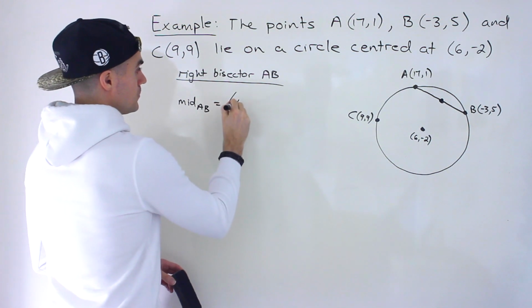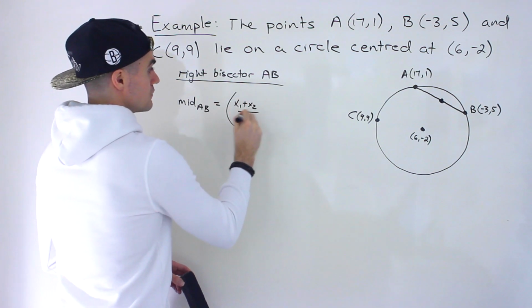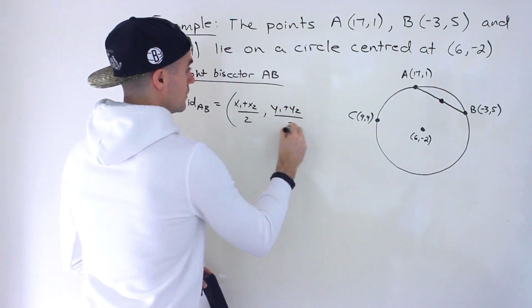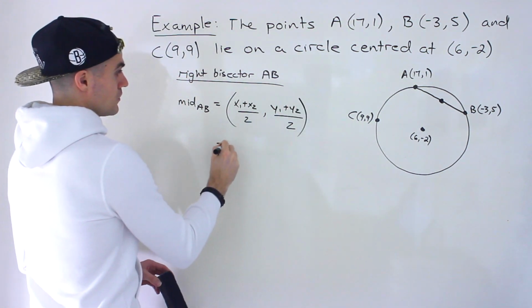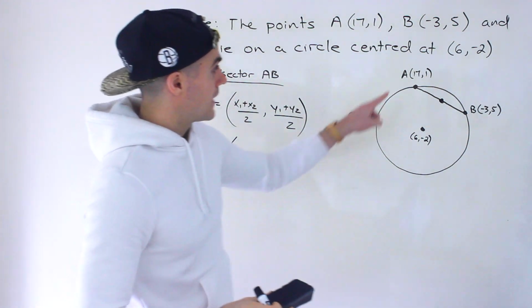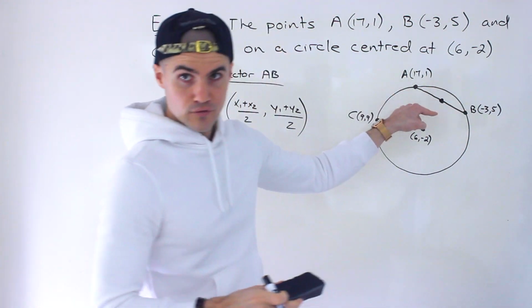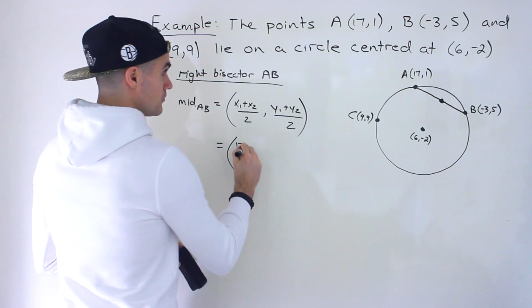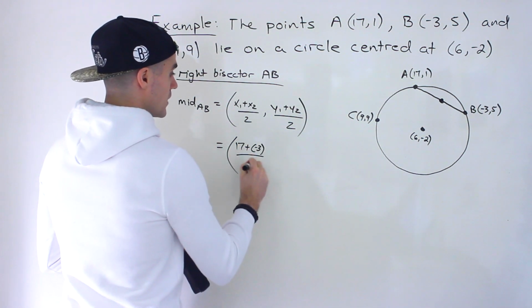Now the midpoint formula is (x1 plus x2) divided by 2, (y1 plus y2) divided by 2. So what we would do is add up the x values of A and B. So we'll have 17 plus -3, divided by 2.